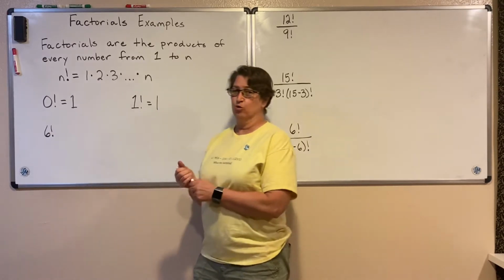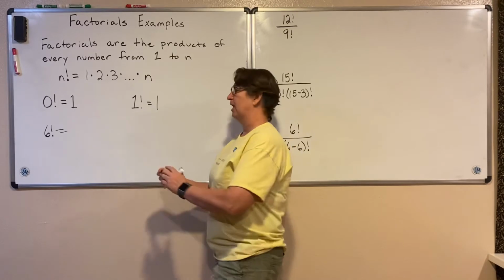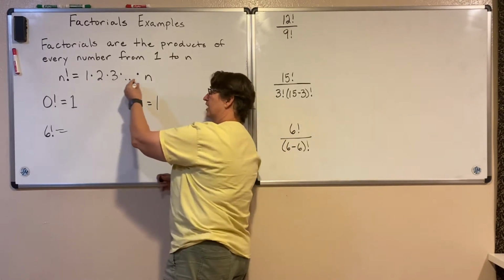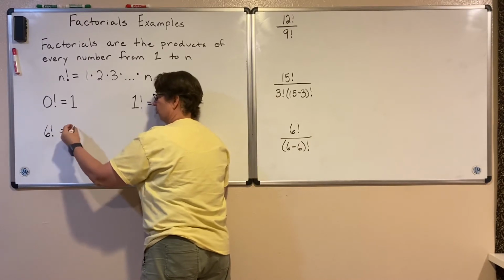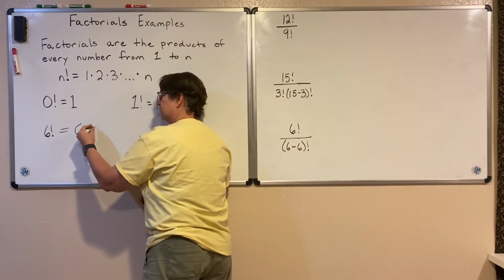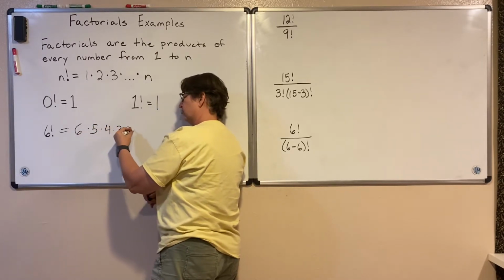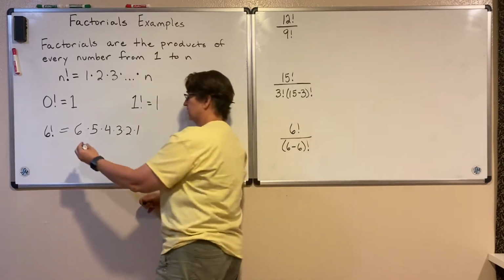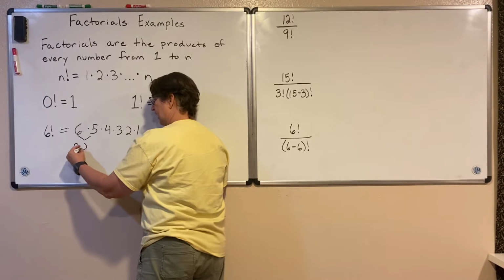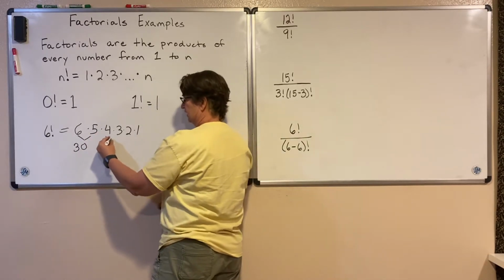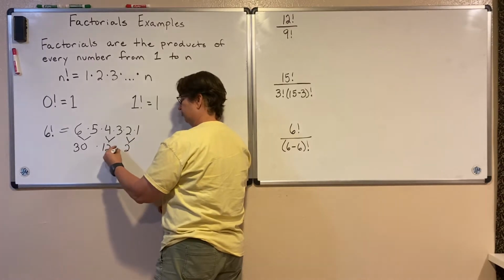But with 6 factorial, all we're going to do is take our numbers from 1 to 6 and multiply them. You can go in ascending order, or usually rewrite them in descending order, where we say 6 times 5 times 4 times 3 times 2 times 1. Well, 6 times 5 is 30, and 4 times 3 is 12, and 2 times 1 is 2.